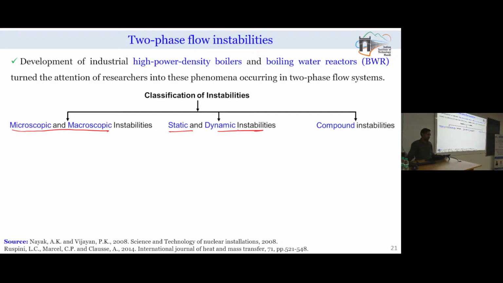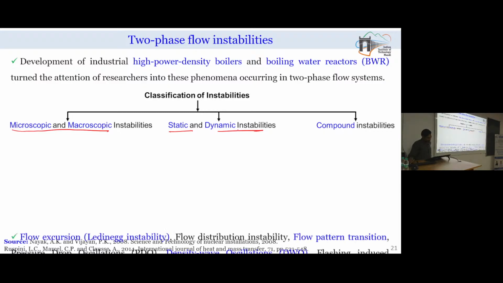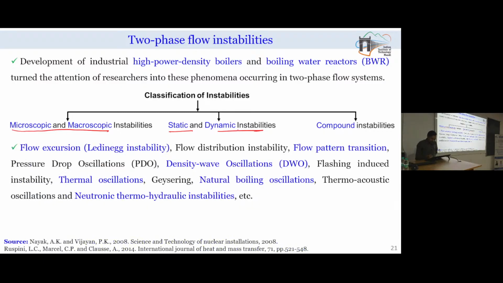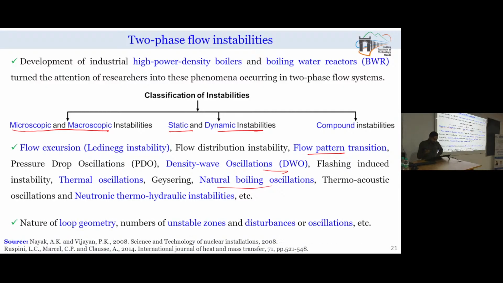Some of the instabilities are named over here. We are not going into that much detail. Of course, all these instabilities depend upon the nature of loop geometry, number of unstable zones, and disturbances or oscillations which are taking place in the system.